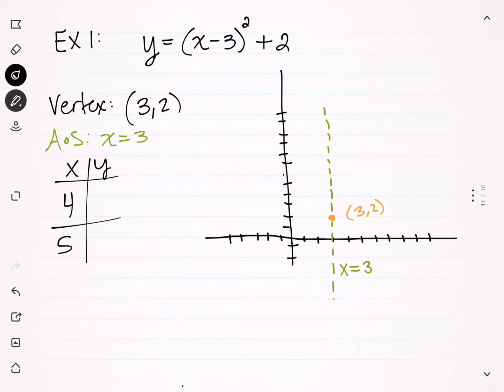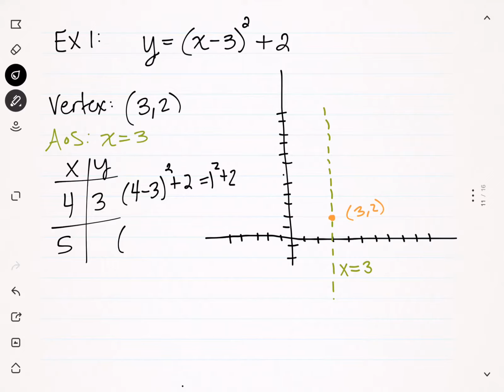Now I'm going to take those values and plug them into my equation, and find their outputs. So let's start with 4. We're going to plug 4 in here: 4 take away 3, quantity squared, plus 2. So 4 take away 3 is 1. So 1 squared plus 2 is going to give us 3 as our output.